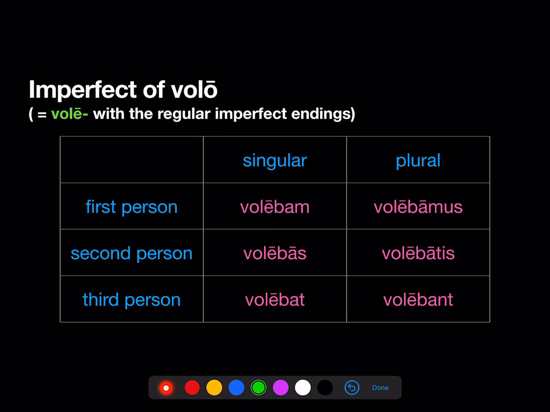Now, volo is actually quite regular in the imperfect. So we use our regular imperfect endings, bam, bas, bat, bamus, batis, bant, and we put vole in front. So volebam, volebas, volebat: I was wanting, you were wanting, he was wanting.